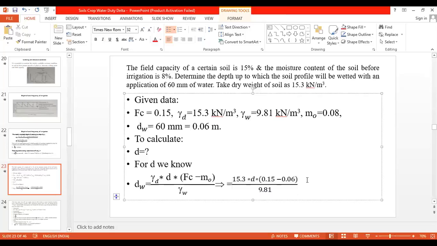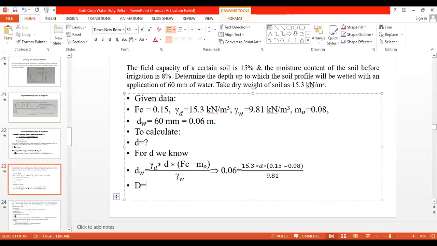Sorry, what I put it here, 0.08, sorry for that. And here that is equals to dw 0.06. And just to rearrange the terms so that you will get the magnitude for a small d.